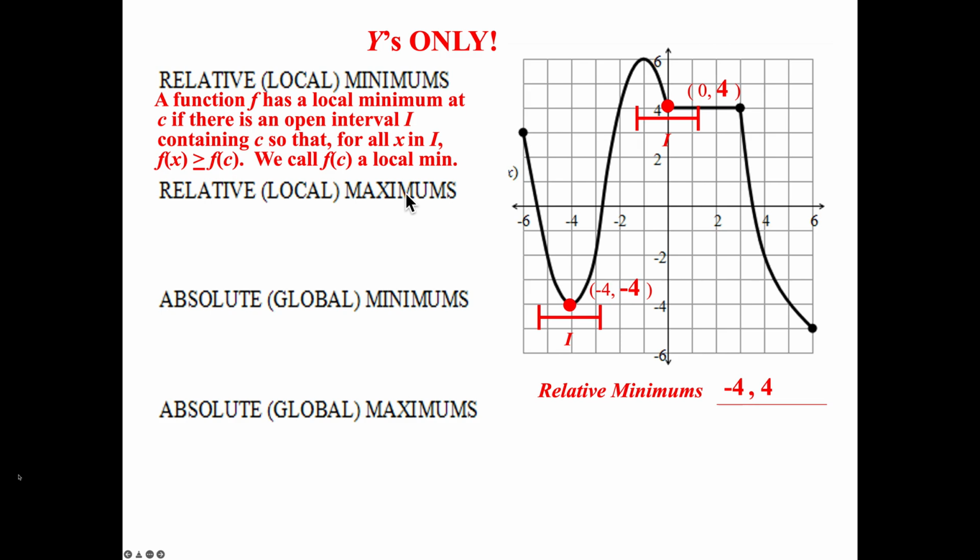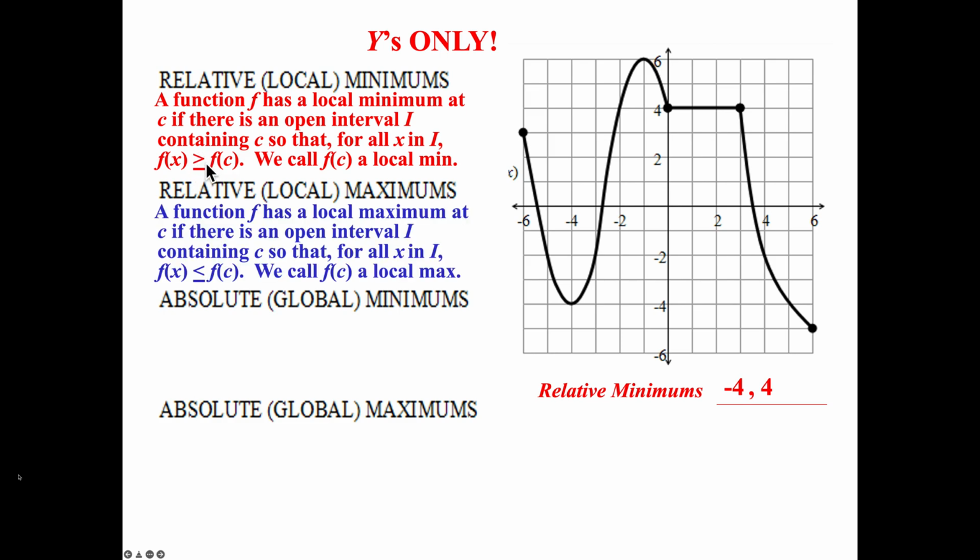Now relative or local maxes. Well, all that has to change is this inequality symbol right here. Now the y-coordinate at that turning point has to be the biggest possible y-coordinate in this open interval. Okay, so now let's see. Well, that was a relative min. Again, no turning point. Here's a turning point right here.